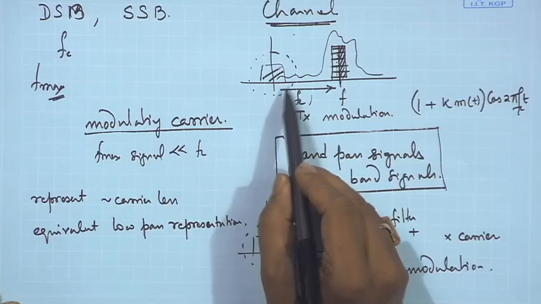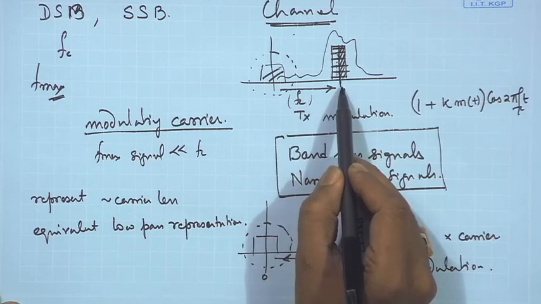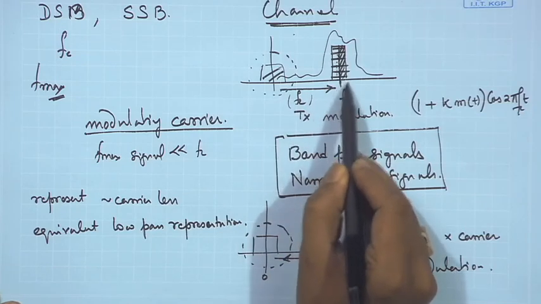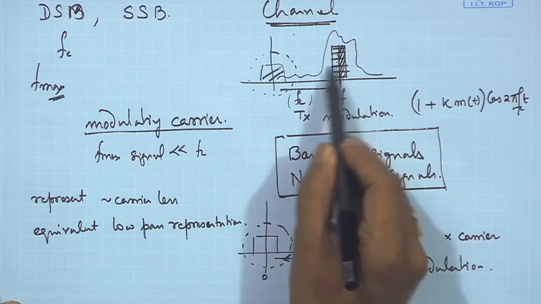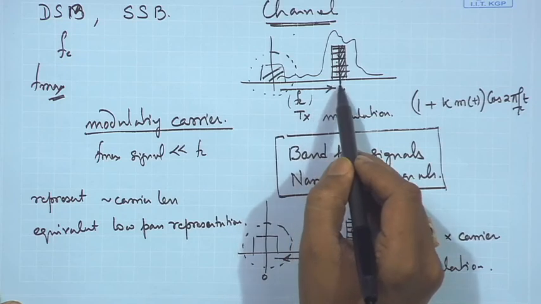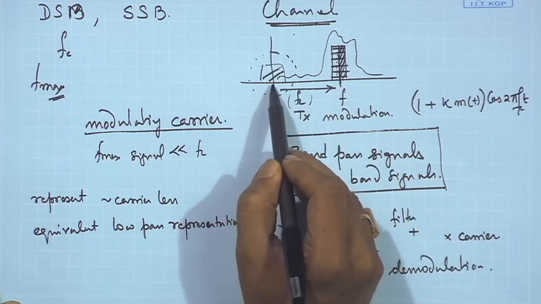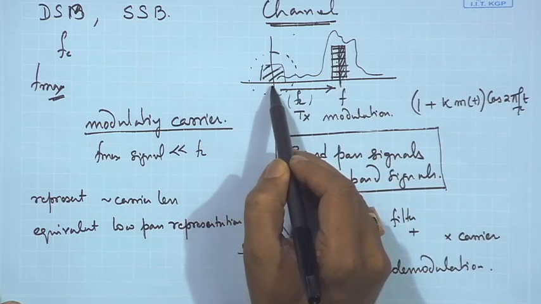So, what we are going to show you are the equivalent relationships of how the signal should be represented when we look at it in the equivalent low pass form. Now, why do we want to bring it back to baseband? Because actually the signal is in the band here. So, this is the band pass signal. However, the effects of the channel would be in the band pass, while the signal matters mainly at the baseband.